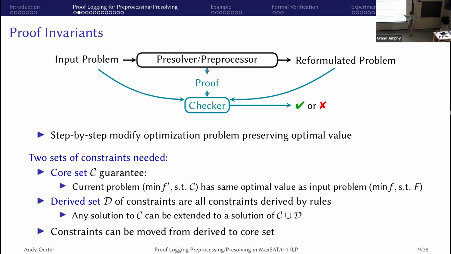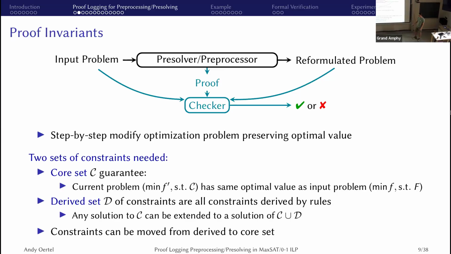And here, a small notice: if you're familiar with SAT preprocessing and inprocessing, and especially the paper by Järvisalo et al., then the core set there is called irredundant clauses, and the derived set is called redundant clauses. That's just a side note.